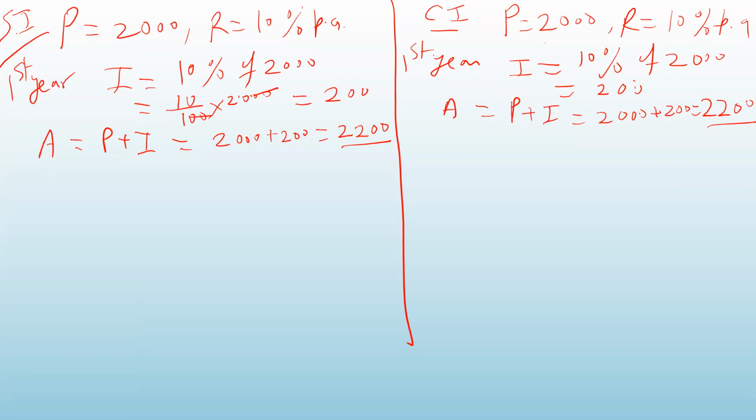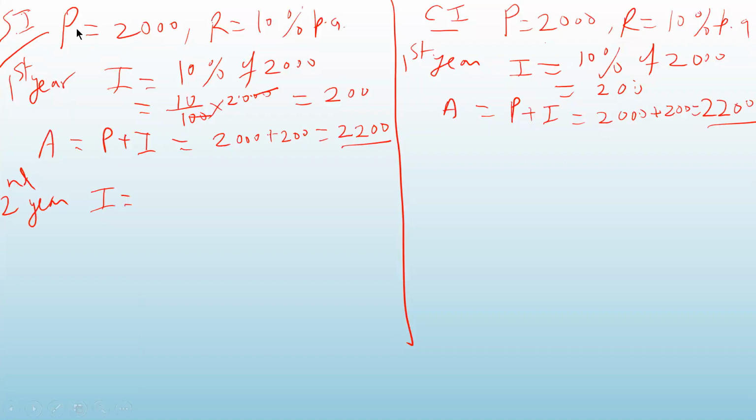Okay. Now what happens in the second year? In the second year, what will be the interest if you are calculating by using simple interest? As we know that in simple interest, the interest is always calculated on the initial principal. So in the second year also, on what will we calculate the interest? 10% of the initial principal. Initial principal is 2000. So 10% of 2000.